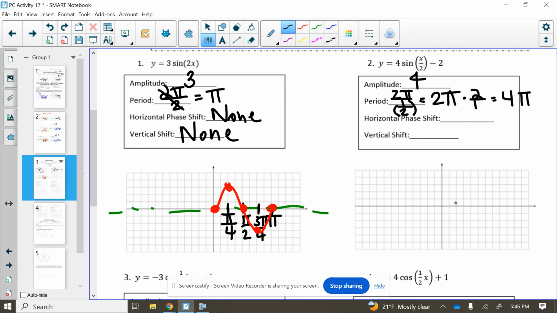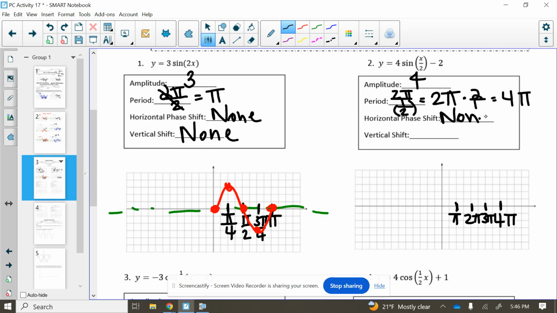So really what's happening on this particular graph is we're actually slowing things down and it's taking more time to repeat. It's going to take all the way to 4 pi. So it's going to take double the time we're used to to repeat, and our scale is we're going to go up by 1 pi each time if we divide by 4.